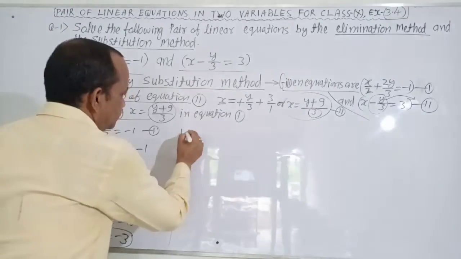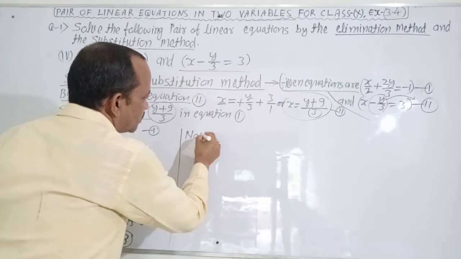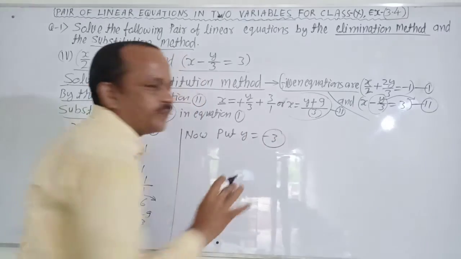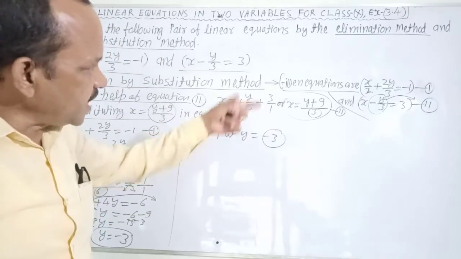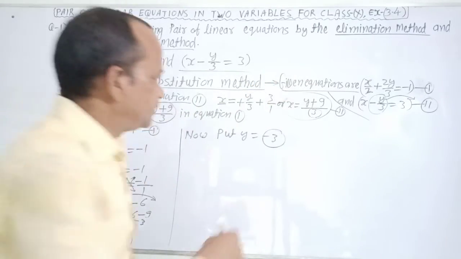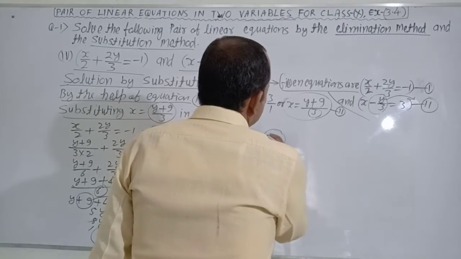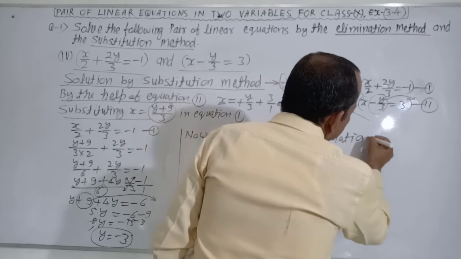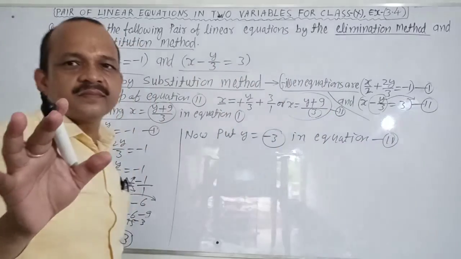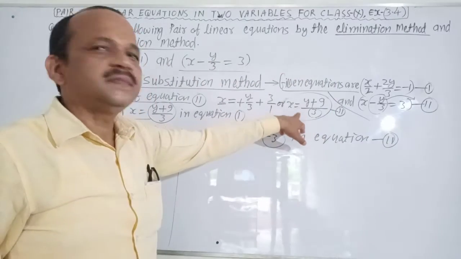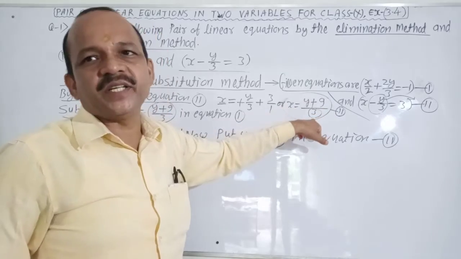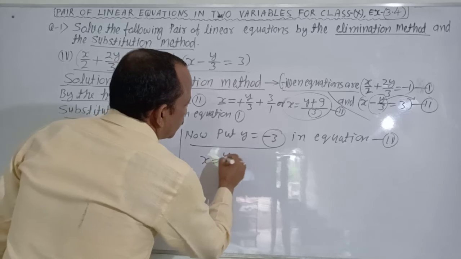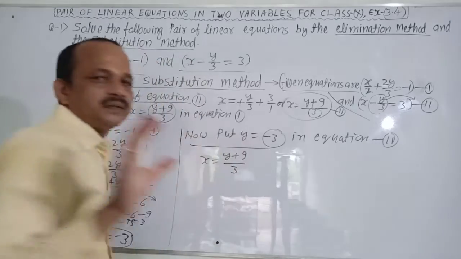Now put y equal to minus 3 in equation second. Here x equal to y plus 9 by 3.